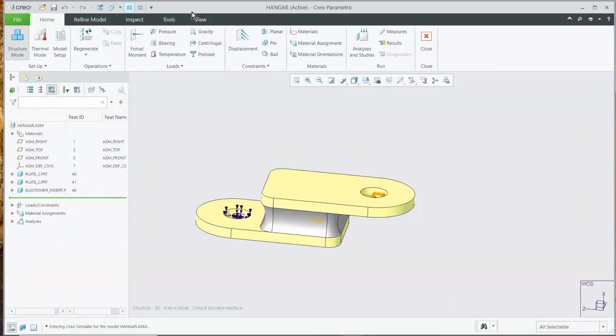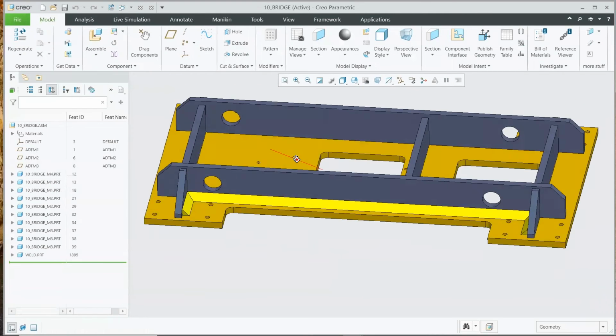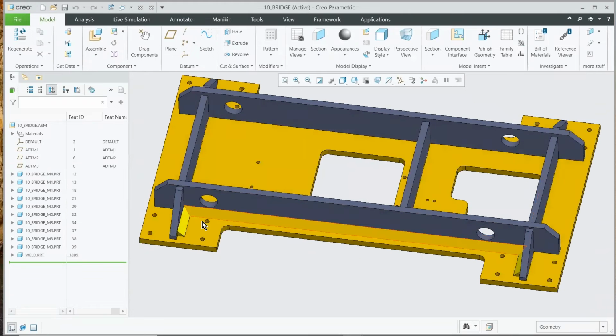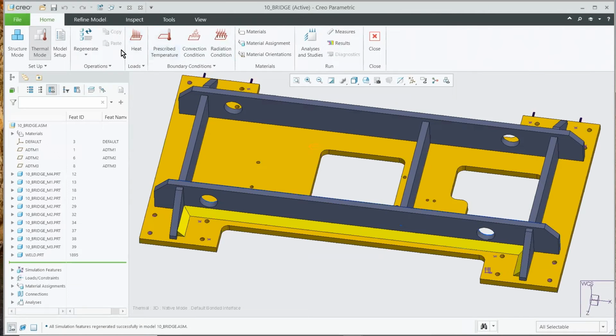So the next example I want to go through, and we'll go into the thermal world at this point. Here we have a weldment, and we have a weld between these components and the base component. And what I want to do is simulate that weld being put in. So I'm going to go into analysis, and on the simulation side in thermal, you notice the menus are different now because we're using thermal.